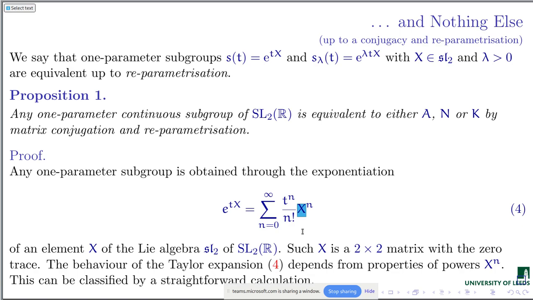So for the classification of one-parameter subgroups, it is enough to classify just the 2 times 2 traceless matrices. And what are the options for 2 times 2 traceless matrices?